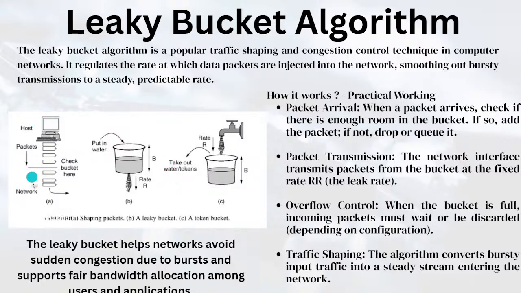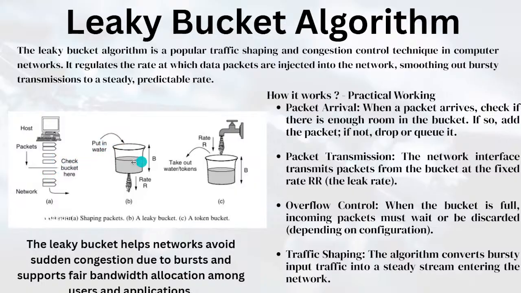The first one is a network system which is sending the packets. You can see the bucket here. In another example, these are the packets which are overflowing, in a very high transmission form.